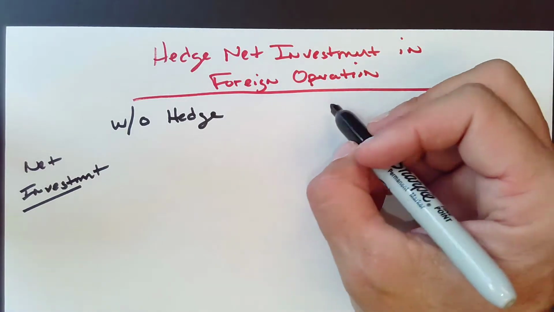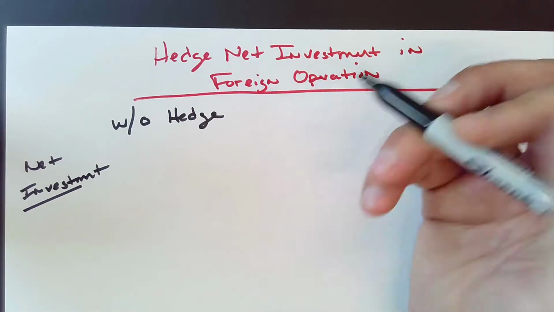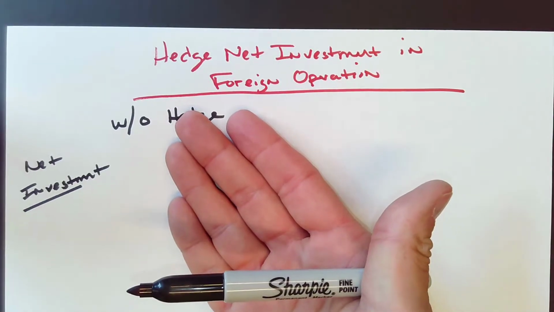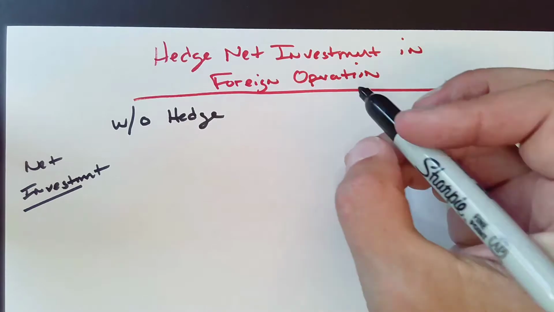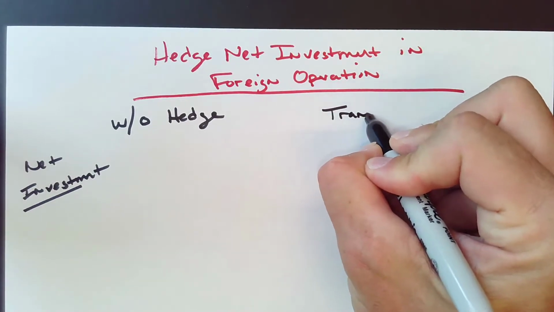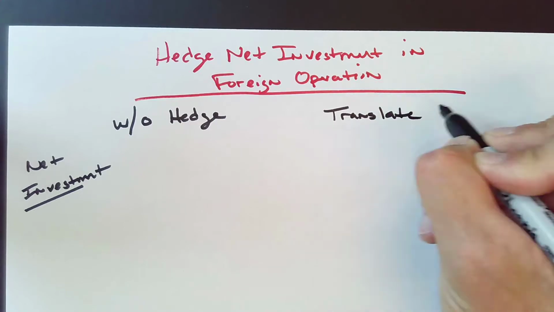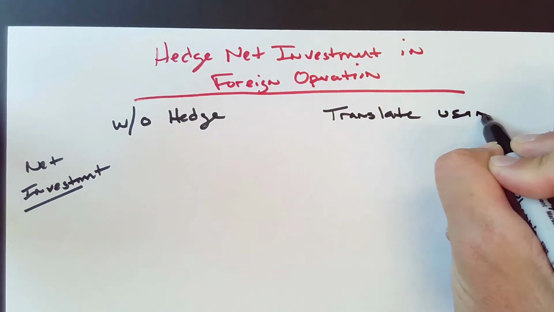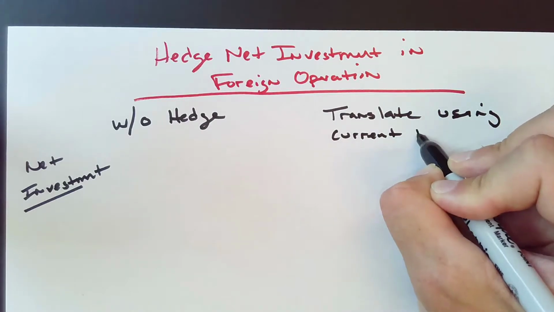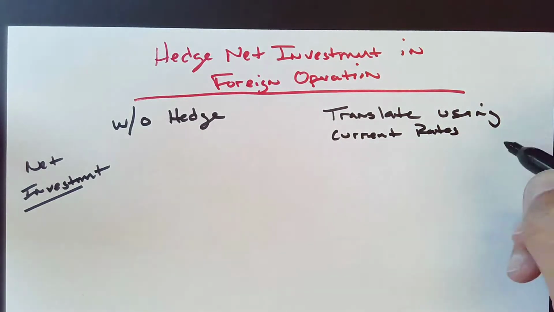It's a translation adjustment. We'll translate this from their functional currency to our functional currency, and hopefully that's also the reporting currency. So we're going to translate using current rates. Or average rates, right?